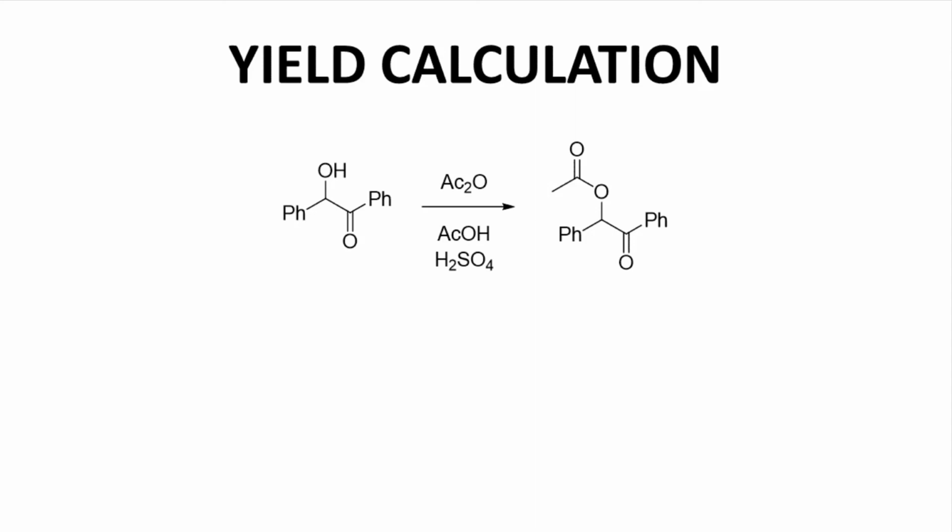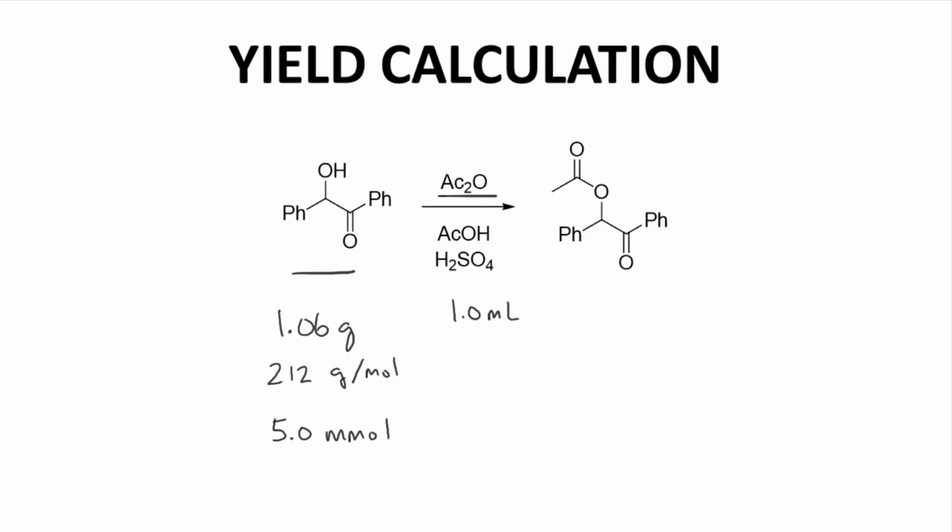Our 2 reagents are benzoin and acetic anhydride. We used 1.06 grams of benzoin with a molecular weight of 212 grams per mole. That comes out to 5.0 millimoles of benzoin. Acetic anhydride will take a bit more work. We used 1 milliliter of that reagent.